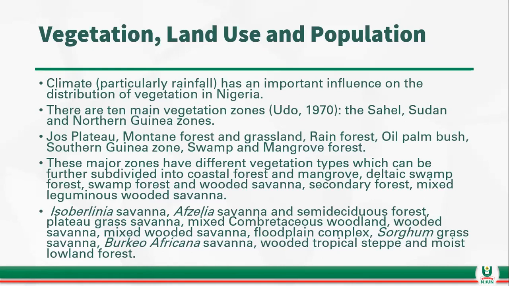Plateau grass savanna, mixed Cretaceous woodland, as well as wooded savanna, mixed wooded savanna, and the floodplain complex. Sorghum grass savanna, bouquet African savanna, wooded tropical steppes, and most land forests.